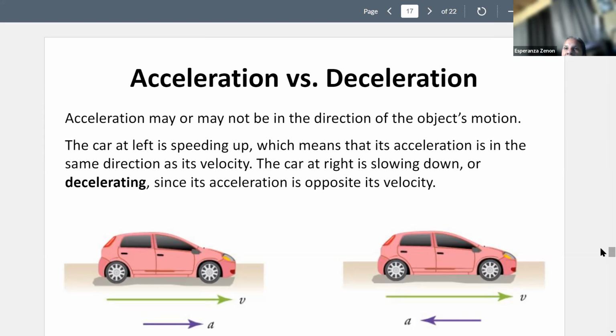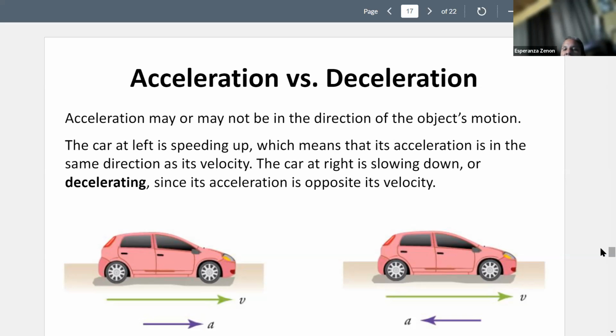But in physics, we only say an object has an acceleration, and that acceleration can be positive or negative. Positive acceleration means the object is speeding up. Typically, if the object is slowing down, we say it decelerated. Don't say that. The object had a negative acceleration, slowing down.